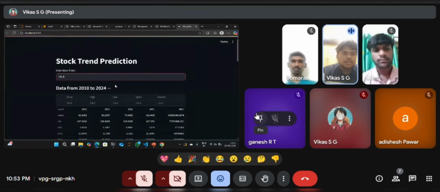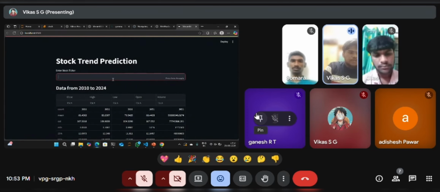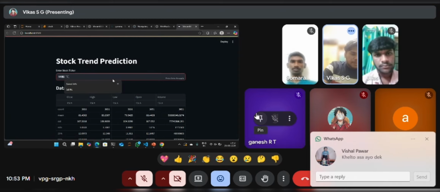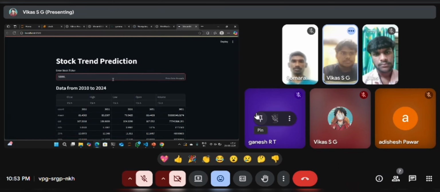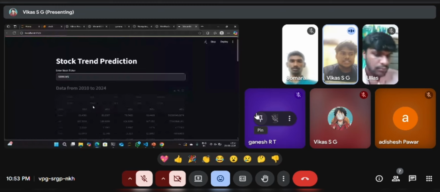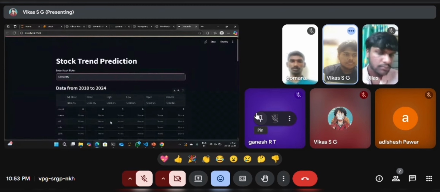For example, take an Indian stock, SBI. The SBI ticker is SBIN.NS. You notice here this is changing.